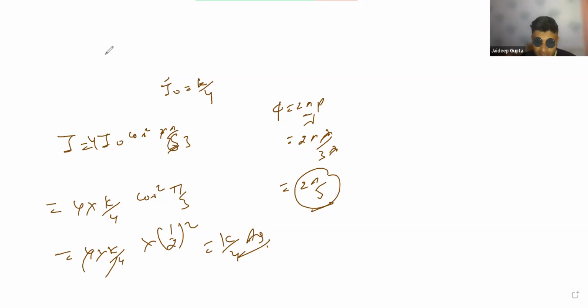Very easy question. Very, very easy. When the waves from the sources S1 and S2 have phase difference of 0 degree.